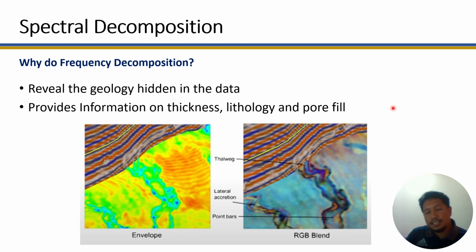So we can see the thalweg coming through, and we can see lateral accretion, and we can see a point bar as well. All in all, by looking at frequency decompositions and at a blend of multiple magnitude volumes, we can get more insight into the geology in our data.